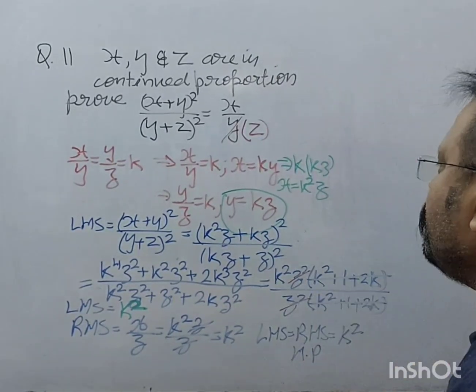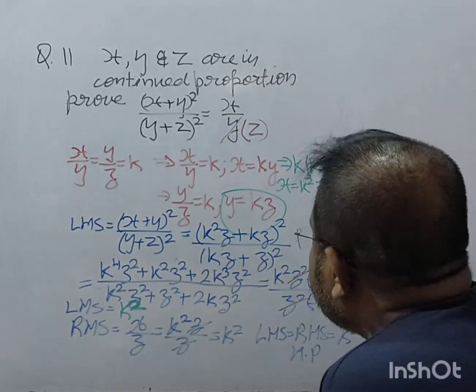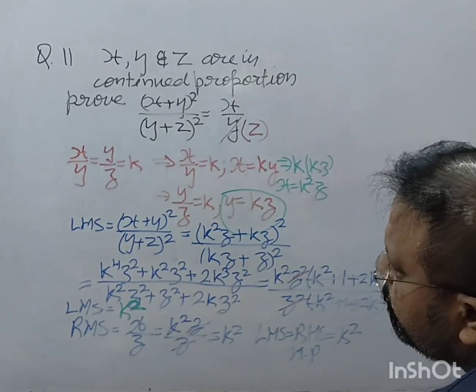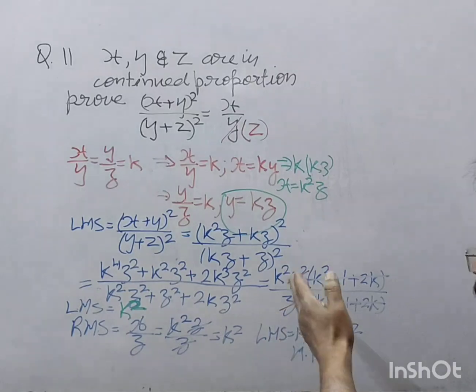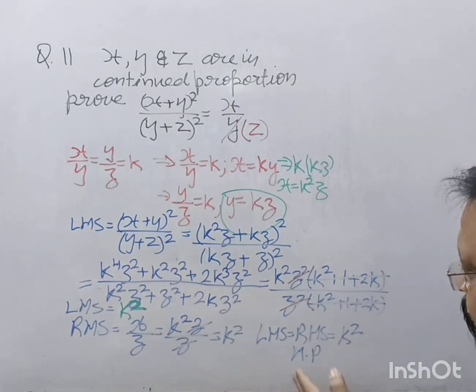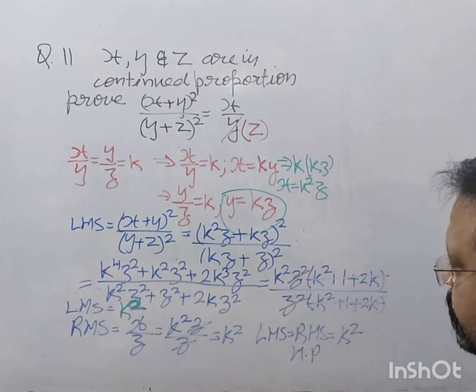If you take x upon y, I expanded that earlier and I got the same, but when I put the values I am finding k square is there.